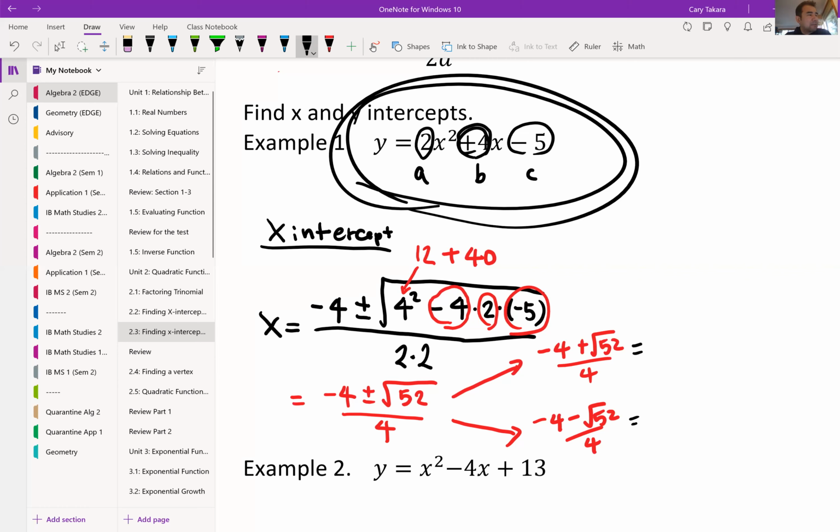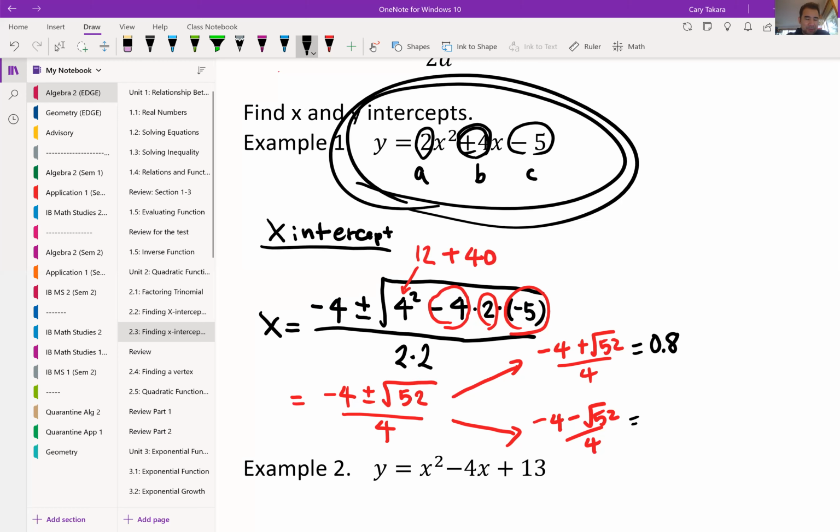What's the first x-intercept? I've got 0.8. Let's just round it off. So I got 0.8 as the first x-intercept.